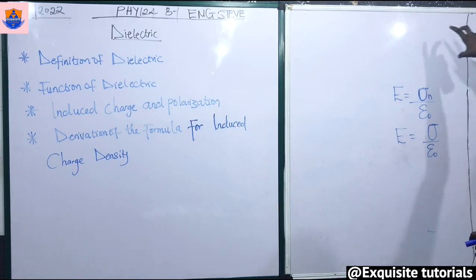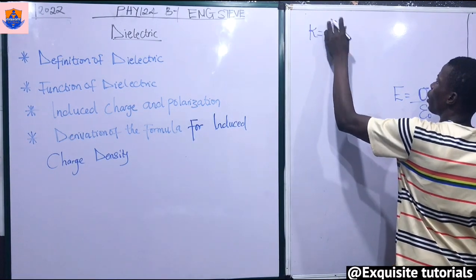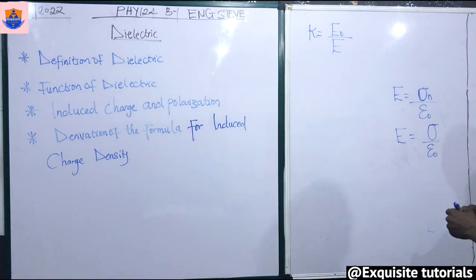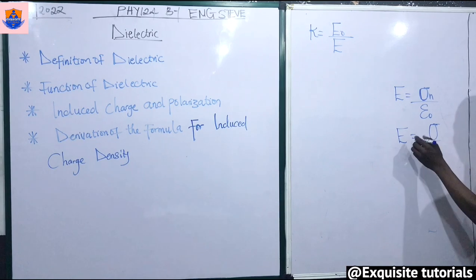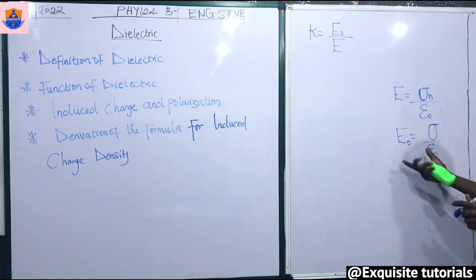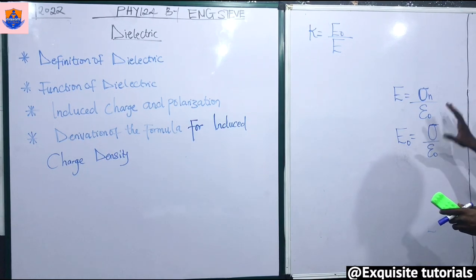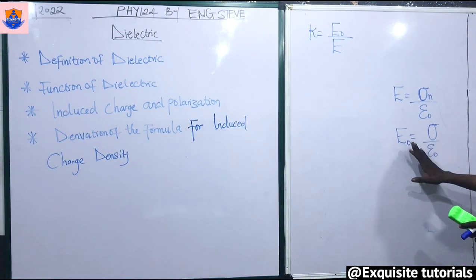Remember, from one of those formulas I dropped at the top of the board, in my initial explanation, I said that our K is equal to E naught all over E. When it has to do with the electric field in space, that is when there is no dielectric substance present between the plates, it's called E naught, not E. I made a mistake there.